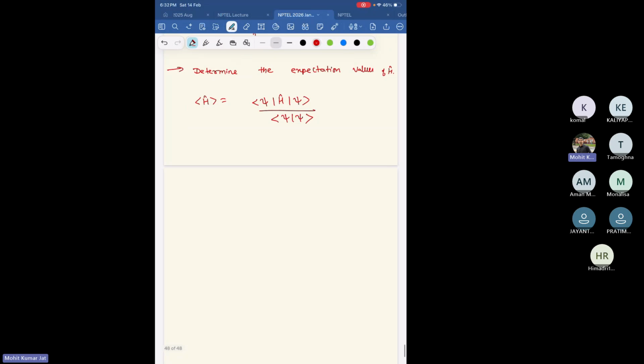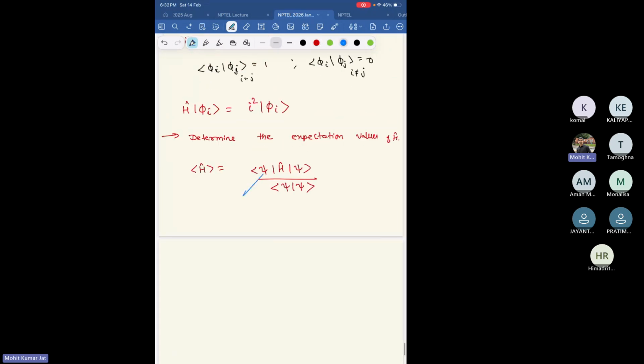This notation is known as bra, this is known as ket, and this H is nothing but the Hamiltonian operator.